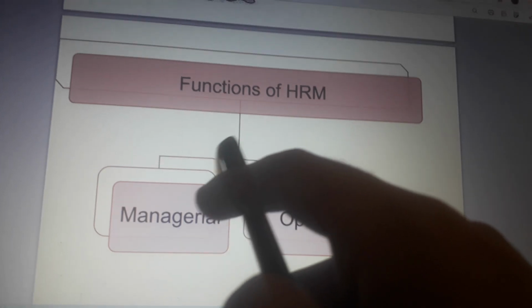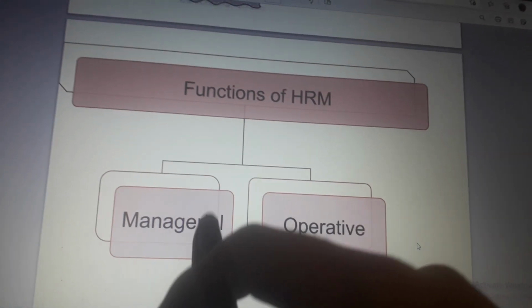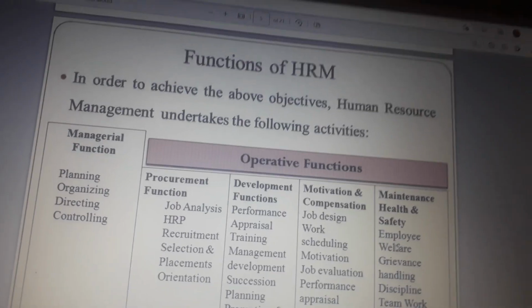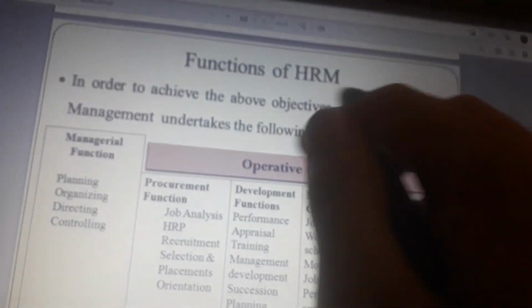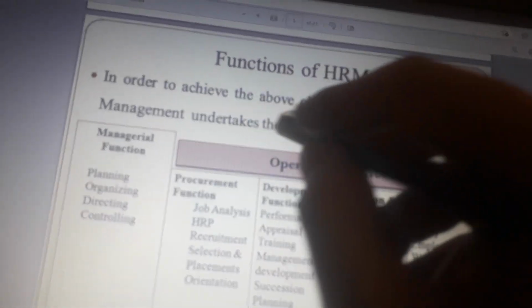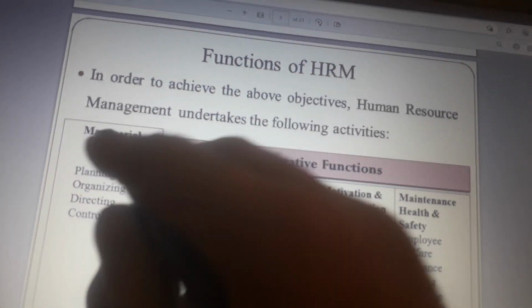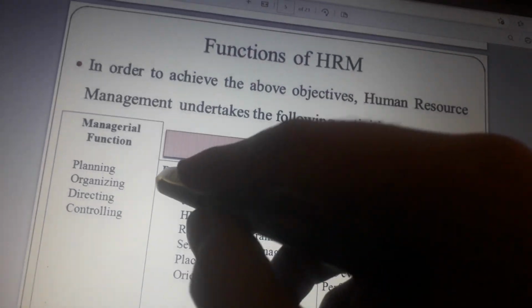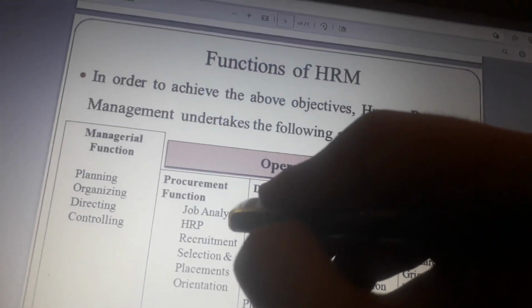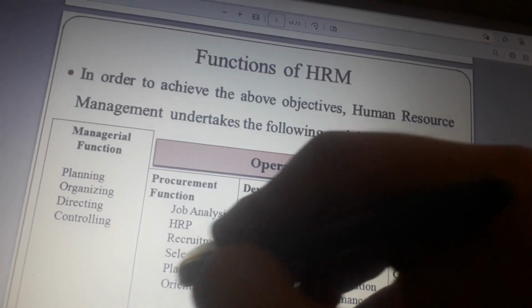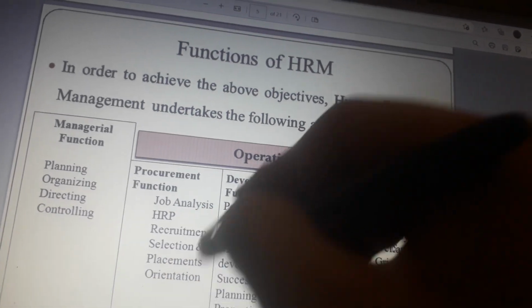Functions of HRM: managerial first, second operative. In order to achieve the above objectives, human resource management undertakes the following activities. Managerial function: planning, organizing, directing, controlling. Operative functions: procurement function, job analysis, HRP, recruitment, selection and placement, orientation.